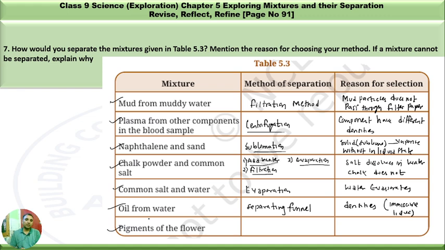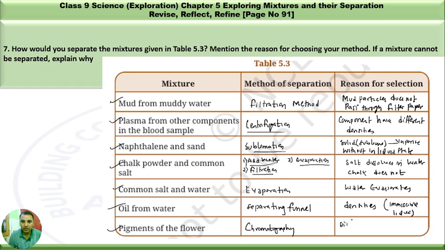Then pigments of flower, these are all colored components. If I want to separate the color part, here we will apply the chromatography method. The chromatography method is that different pigments travel at different speeds depending upon the solvent.